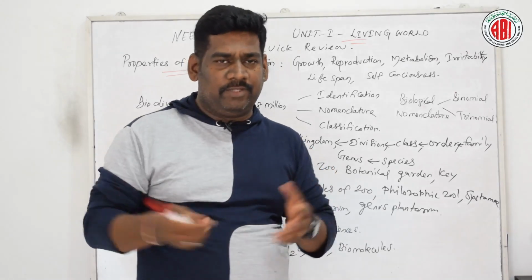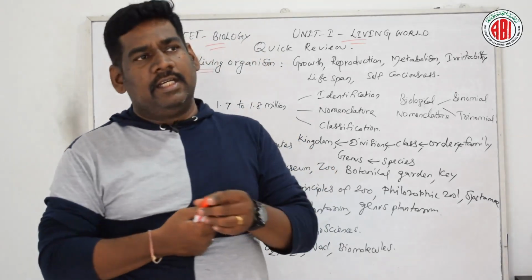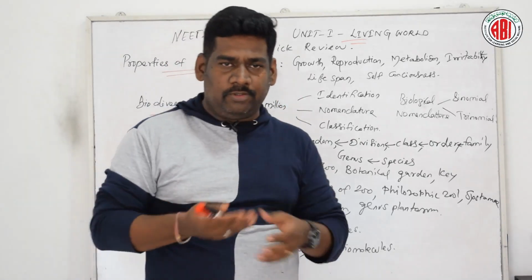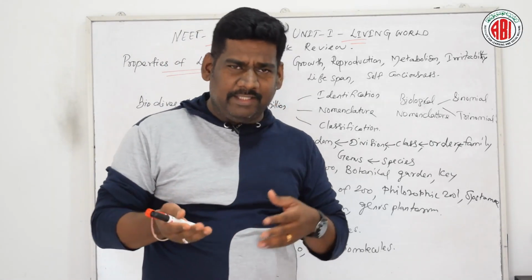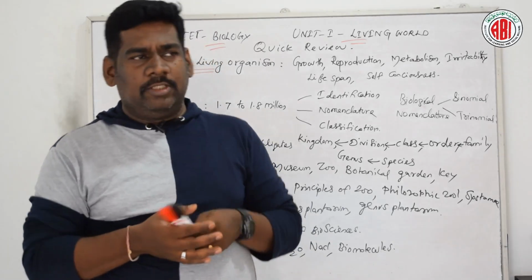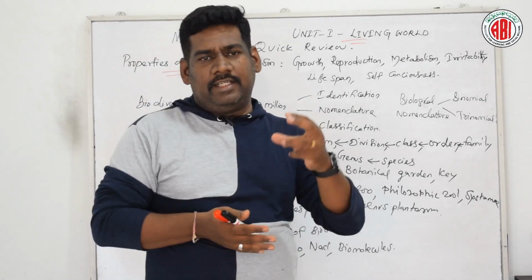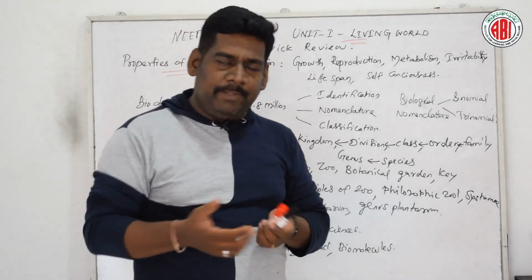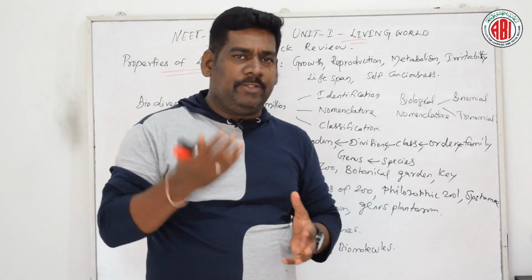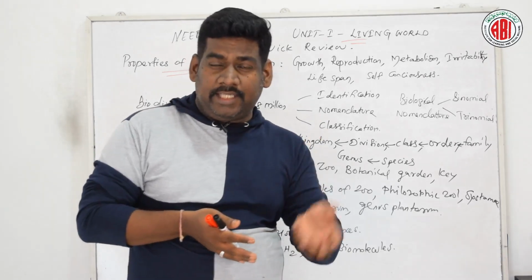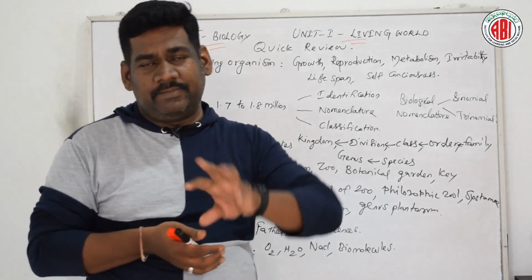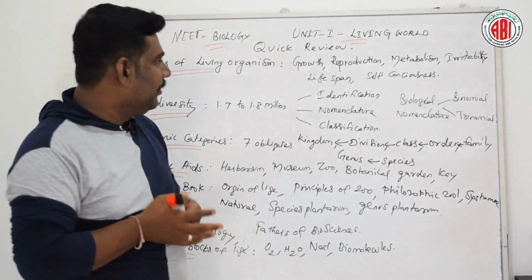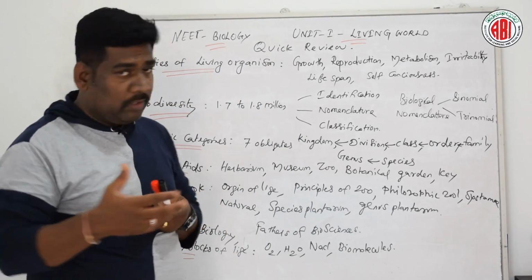The autotrophic mode of nutrition is also called photoautotrophic and chemoautotrophic. Photoautotrophic is where the organism depends on sunlight as a source for preparation of its nutrition. And chemoautotrophic is where the organism depends on chemical substances. So that is about the mode of nutrition.